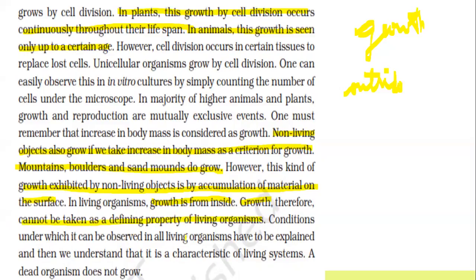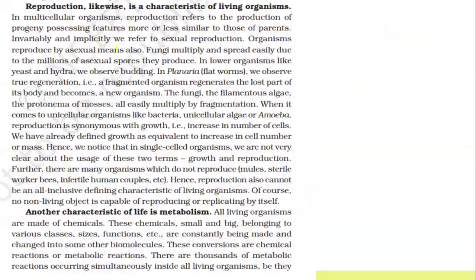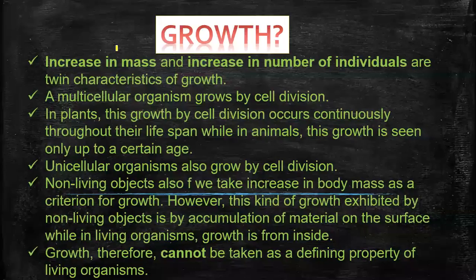All clear about the growth? A dead organism doesn't grow. So this is the very base of growth. Next is about reproduction. Before that, I will be taking a small lecture about that. Reproduction.